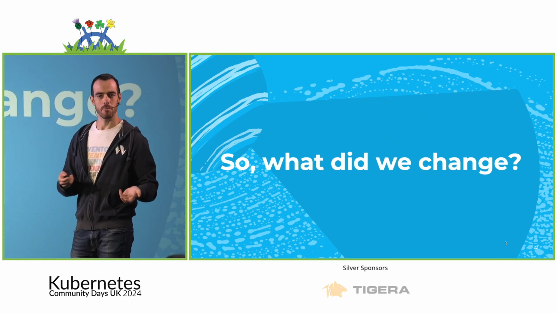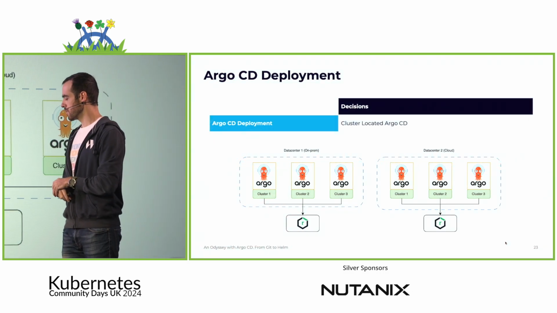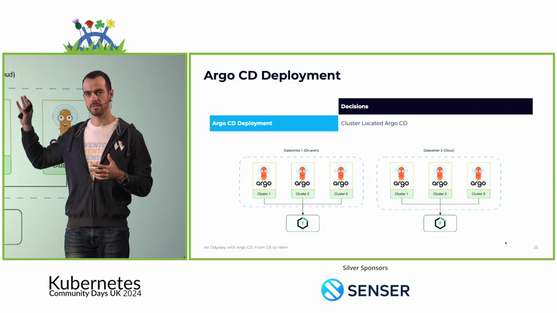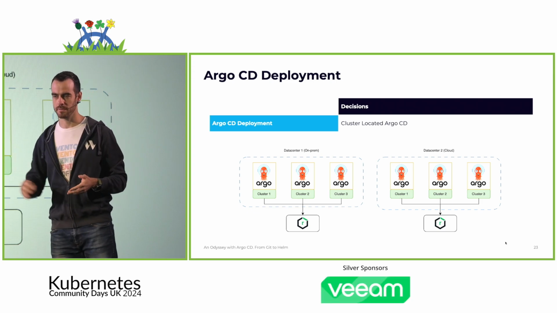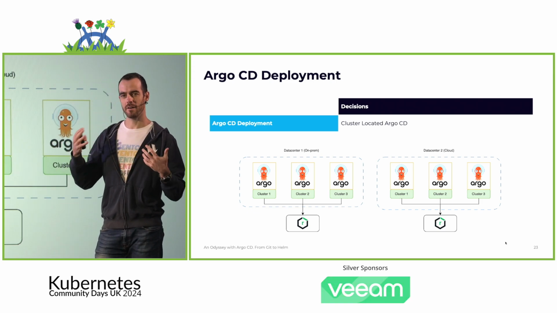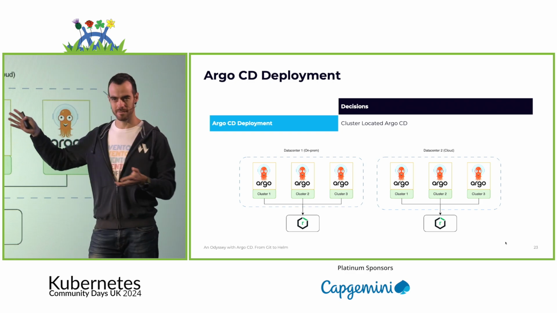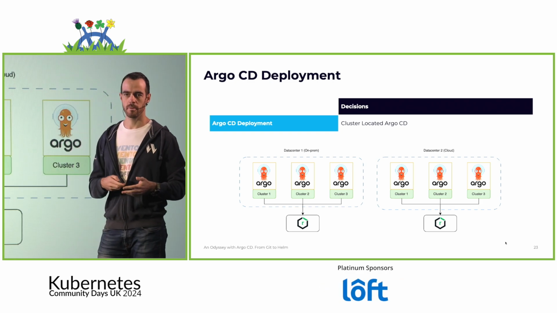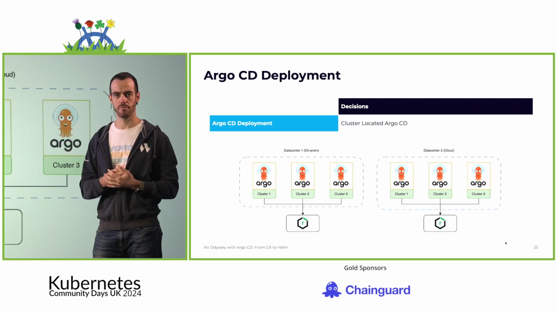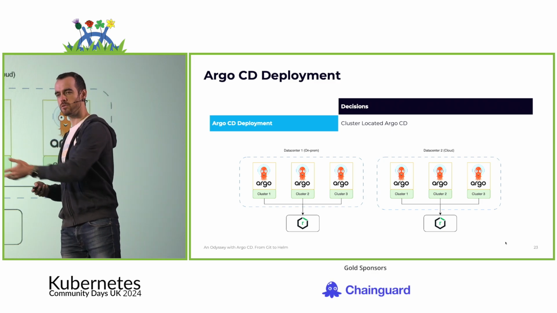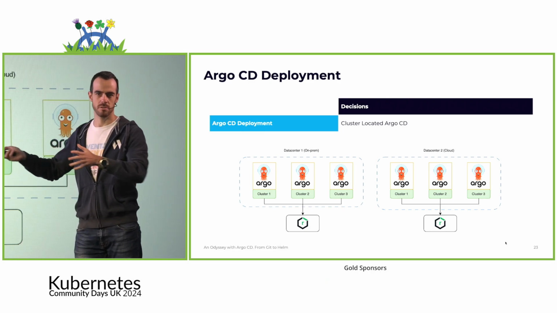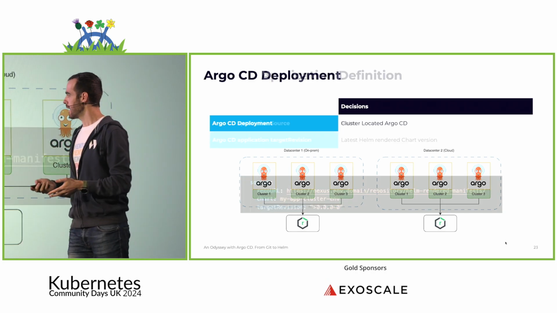Right. So let me explain what we changed. We kept our first decision of having a single ArgoCD instance per cluster. But as you might have already guessed, we made a slight change. Instead of pointing them to those Git mirrors we mentioned before, we pointed them to the artifact registry we already had, in our case Nexus, but it's irrelevant.